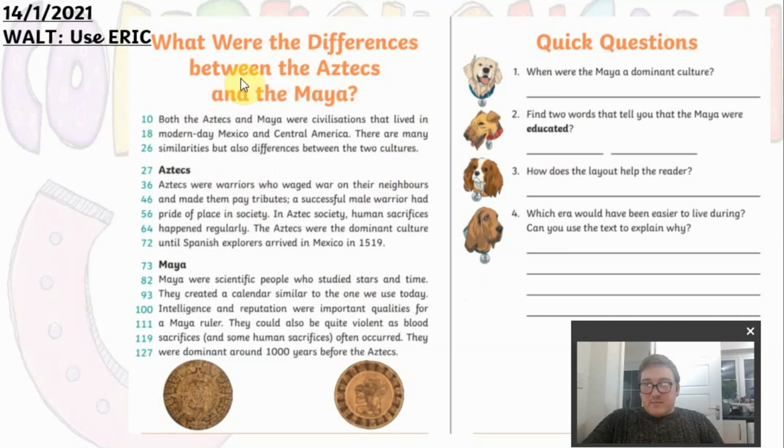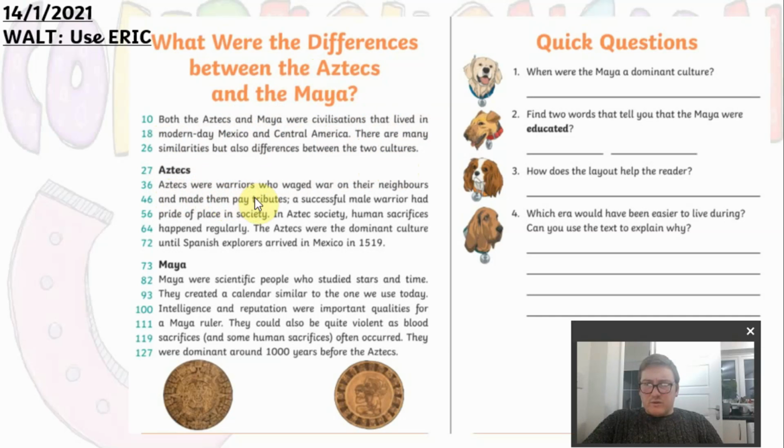What were the differences between the Aztecs and the Maya? Both the Aztecs and Maya were civilizations that lived in modern-day Mexico and Central America. There are many similarities but also differences between the two cultures. Aztecs.